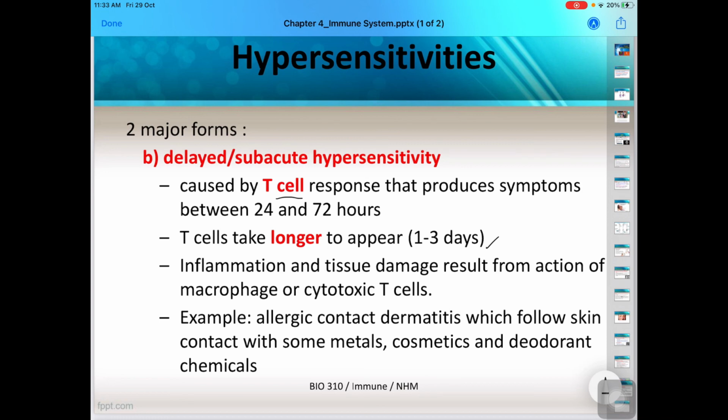The inflammation and tissue damage result from the action of macrophages or cytotoxic T cells. Examples of allergy in these delayed or subacute hypersensitivities are contact dermatitis, normally related with the use of some metals on skin, or maybe cosmetics and deodorant chemicals.